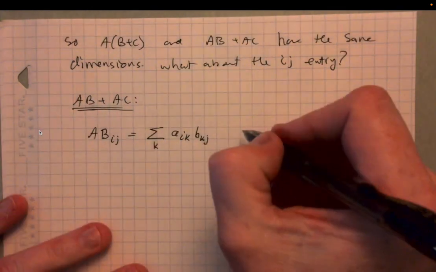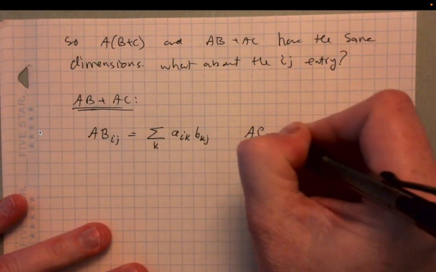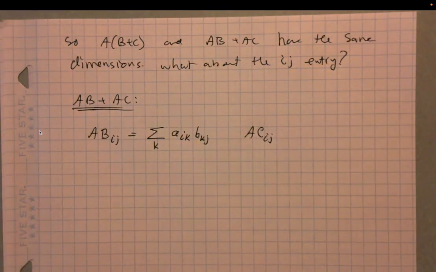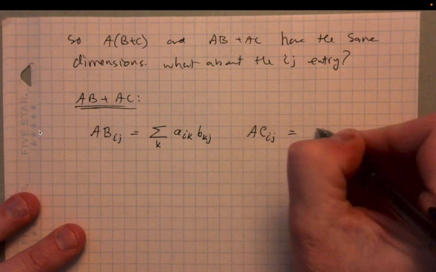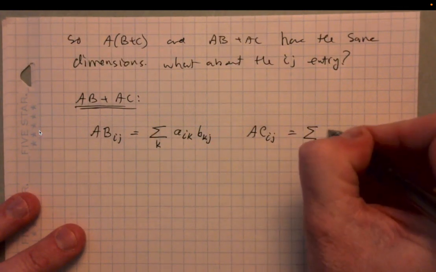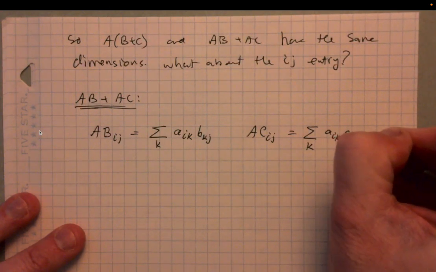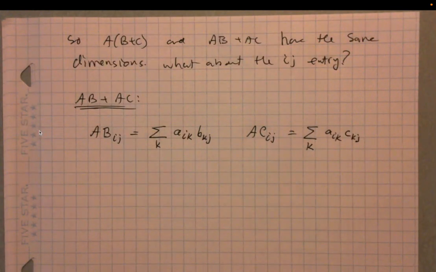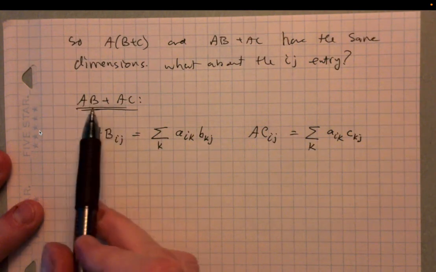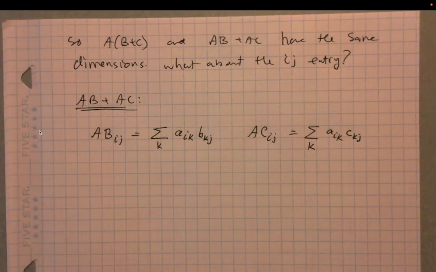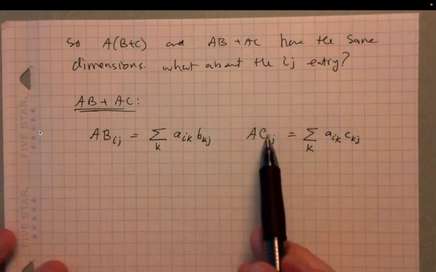Okay, what about AC? What's the IJ entry of AC? It's the same thing, right? I mean, it's the ith row of A and the jth column of C. So it's equal to the sum over K of A, I, K times C, K, J. And so then obviously if I add the two matrices, we know that that is component wise, so that's just adding the IJ entry from AB to the IJ entry from AC.